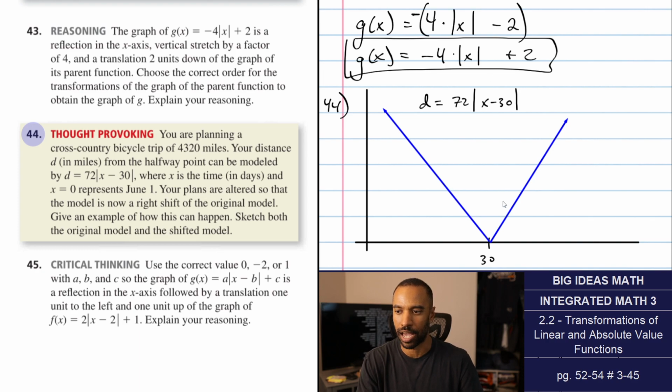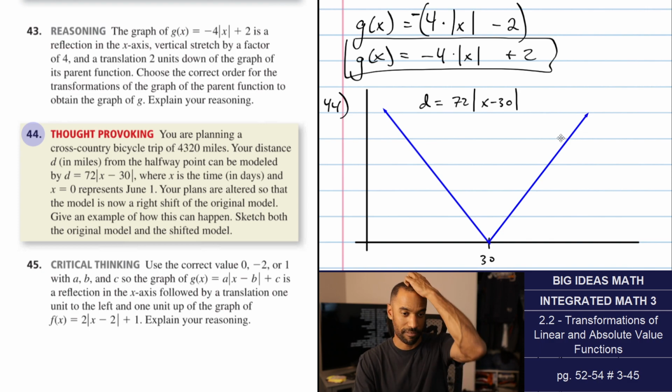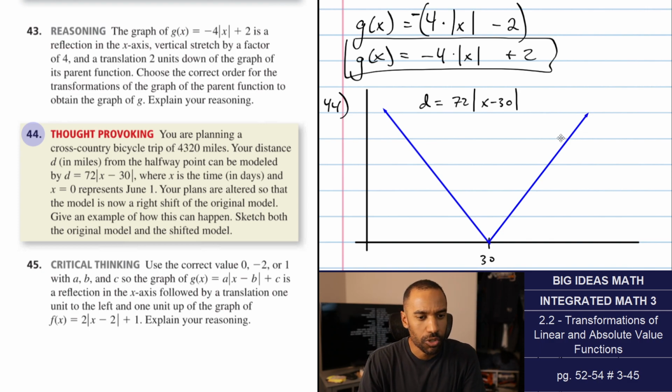I kind of was just reading the problem and not comprehending it at some point. So let's see what they're saying with this model. They said something about shifting it to the right, right? All right, let's say we have that. You're planning a cross-country bicycle trip of 4,320 miles. Your distance from the halfway point can be modeled by this.